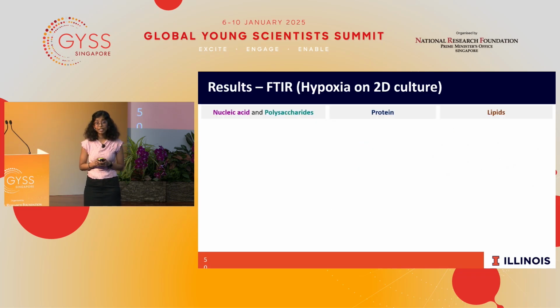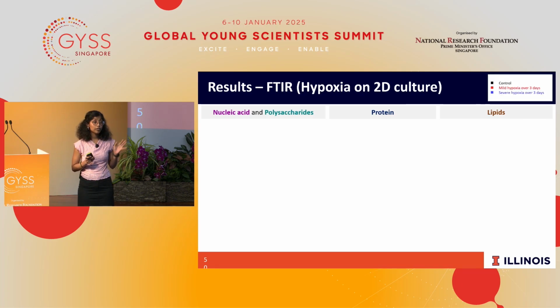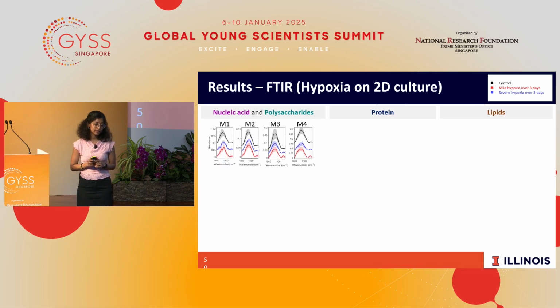So what I'm going to present to you today is the cell average FTIR spectra for the different samples. We start out with the region that is representative of nucleic acid and polysaccharides. For M1 and M2 cells here, what we see is an emergence of new peaks at the DNA region, and these are often associated with DNA structural changes and possibly DNA damage.